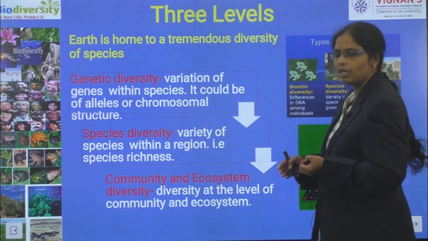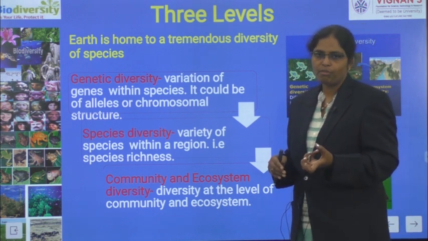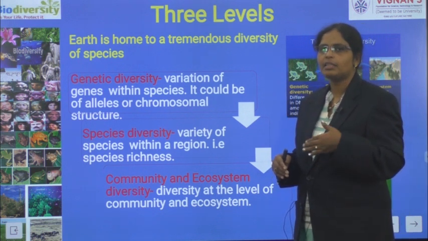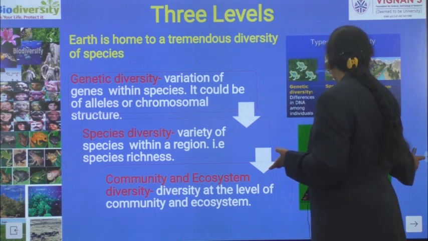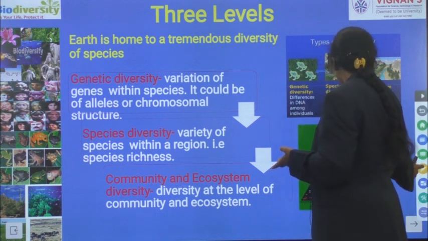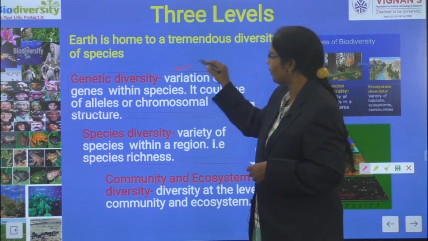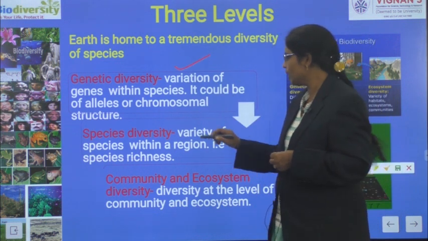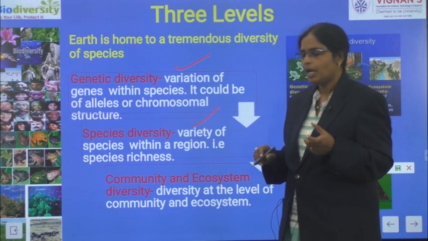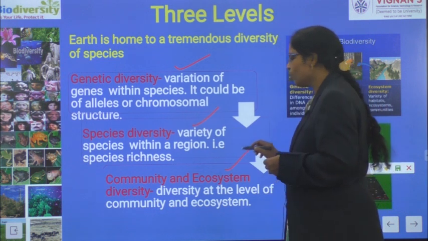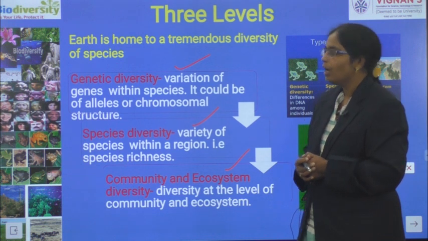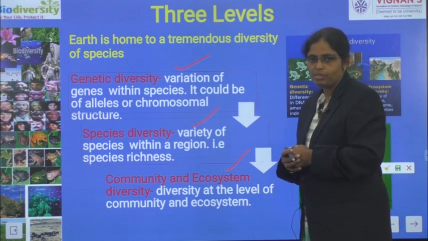There are three types of biodiversity, or we can say three levels of biodiversity. The first one is genetic biodiversity, the second is species biodiversity, and the third is ecosystem biodiversity. What is meant by genetic diversity?